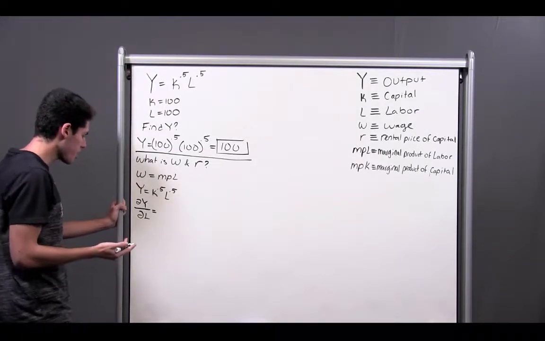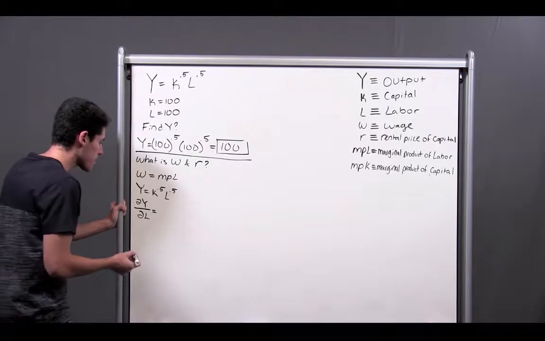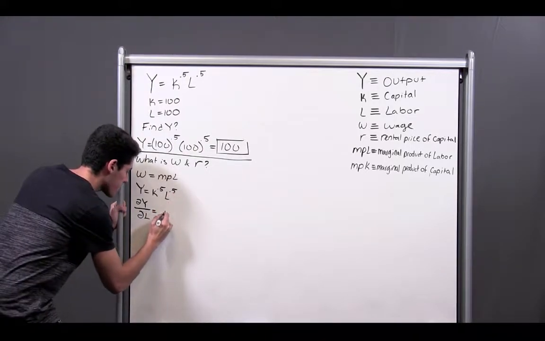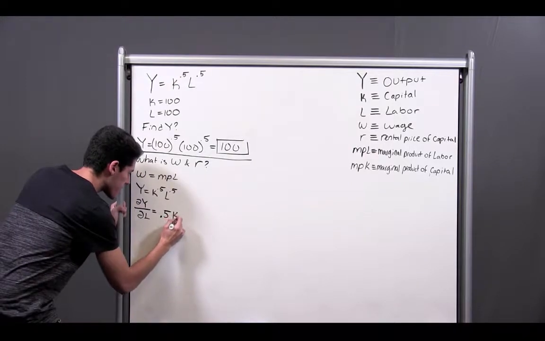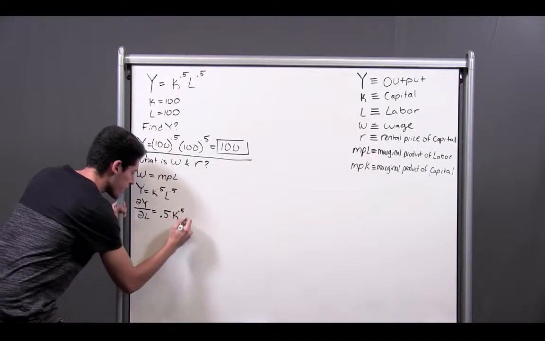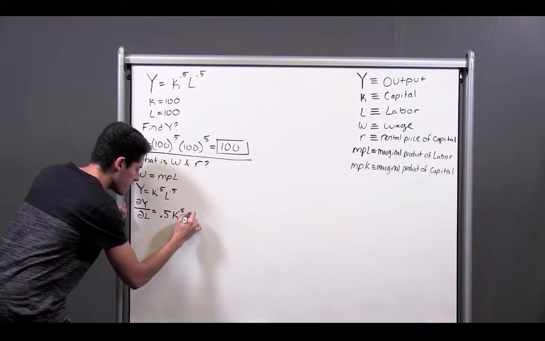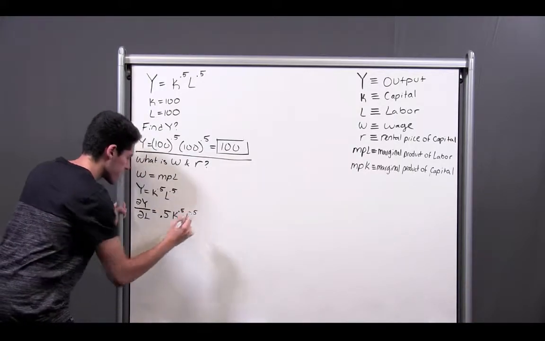So, the derivative of output with respect to labor should look as follows. This 0.5 exponent comes down, K remains the same, nothing changes there, and L becomes L to the 0.5 minus 1, so negative 0.5.